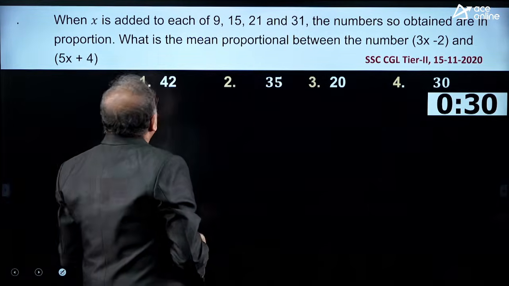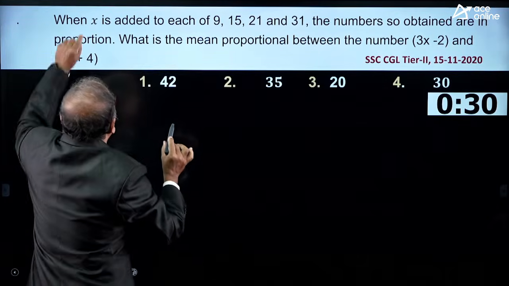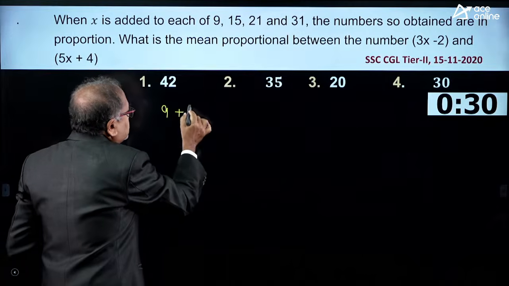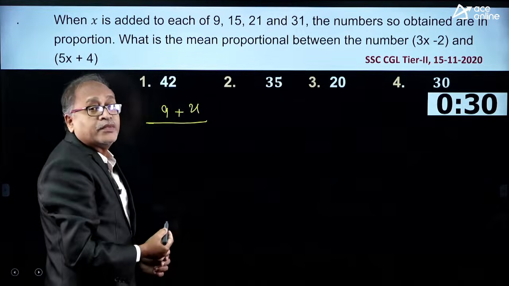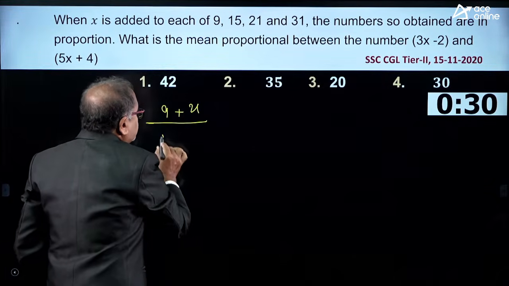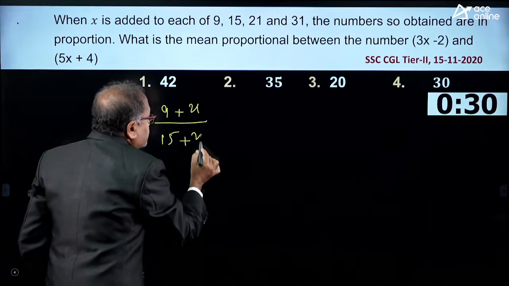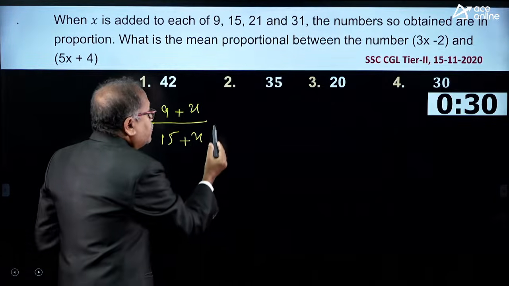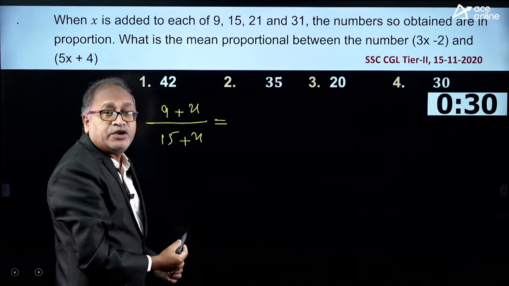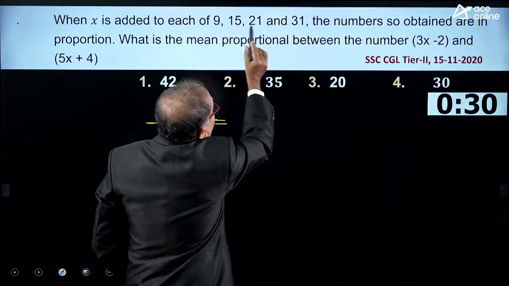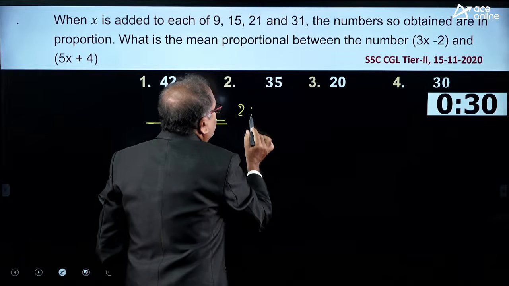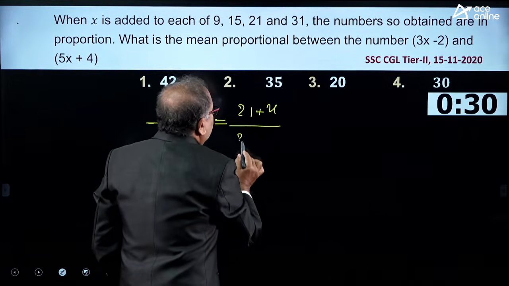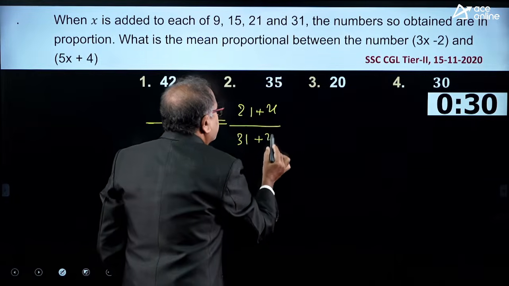When x is added to 9, that means 9 plus x by 15 plus x. X is added to all the numbers, then the numbers are in proportion. Therefore I can write this as equal to 21 plus x by 31 plus x.